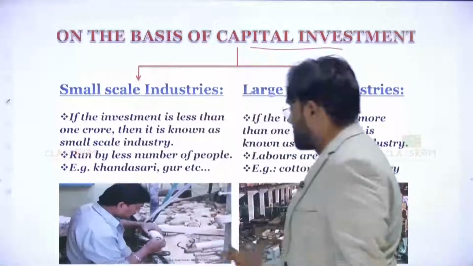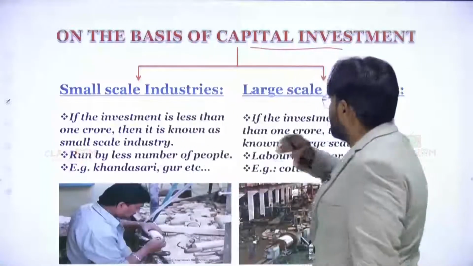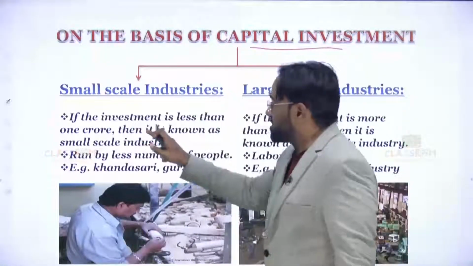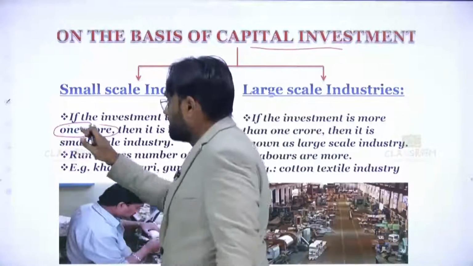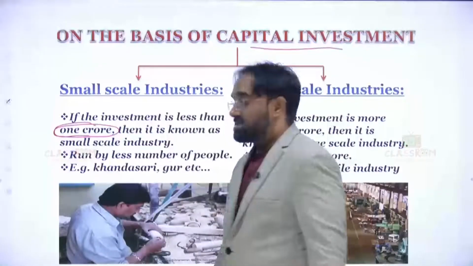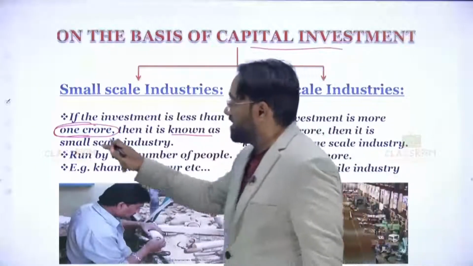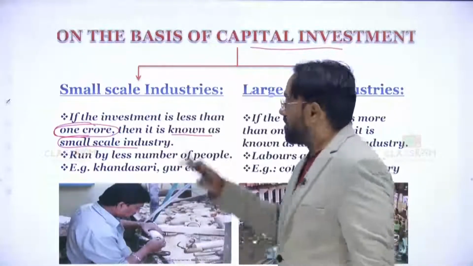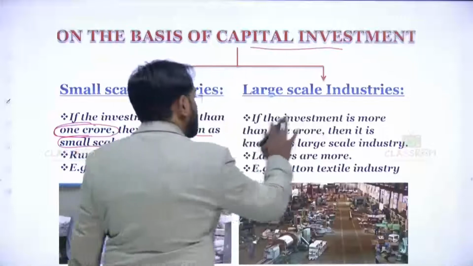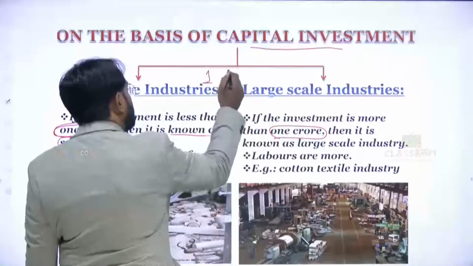By seeing the picture itself you can understand the scene here. Small scale industry and large scale industry. If the investment is less than 1 crore, remember this is important, then it is known as small scale industry. And large scale industry, if the investment is more than 1 crore. Remember this one thing: 1 crore.